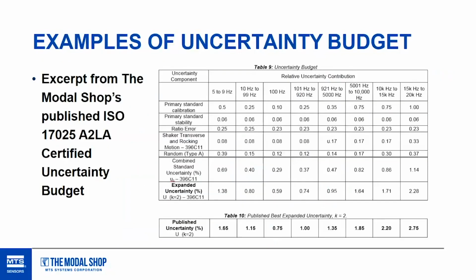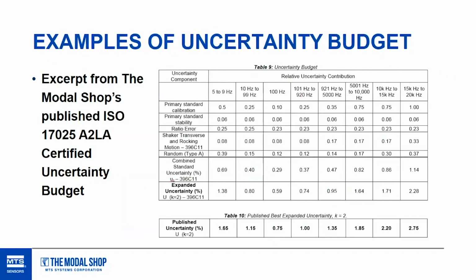And when you're done, you end up with something like this typically. This is an example of an uncertainty budget. It's going to have vertical columns that pertain to frequencies. So we have, in this case, 5 hertz all the way up to 20 kilohertz. And along the horizontal rows, you have different influences of uncertainty.